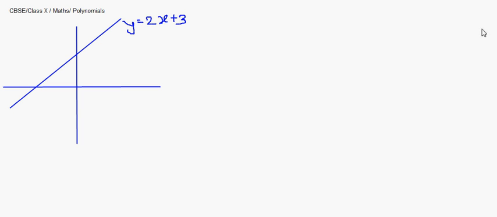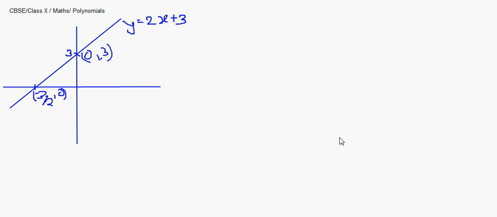Now there are two points of intersection. This point is given by (0, 3). And this point is given by 0 because y is 0. So whatever its value is, maybe it's given as 3 by 2, with y as 0.